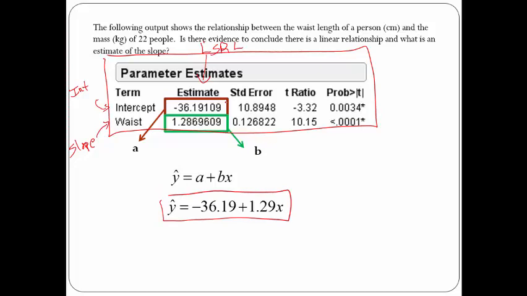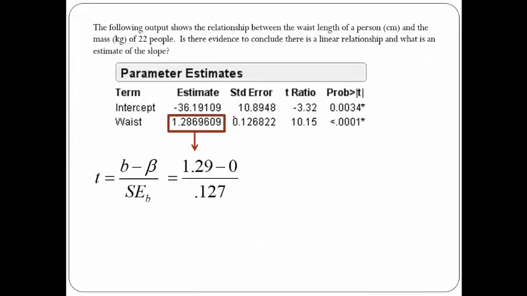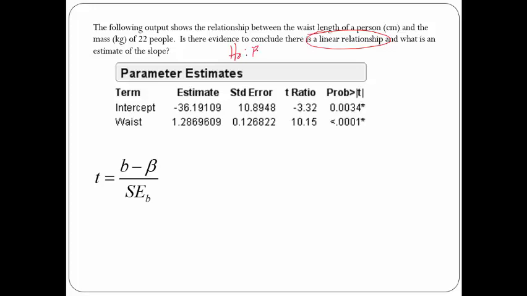Y hat equals negative 0.3619 plus 1.28x. And so from here, you could do your interpretations and whatnot. You could also actually end up running a test straight from here. So remember, is there evidence to conclude that there is a linear relationship? It doesn't say positive or negative, so here we'd be testing beta equals 0 versus the alternative beta is not equal to 0.